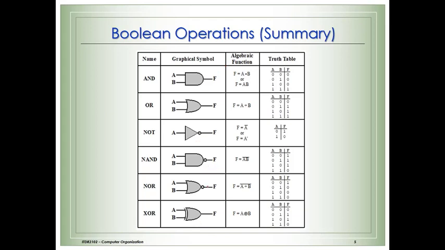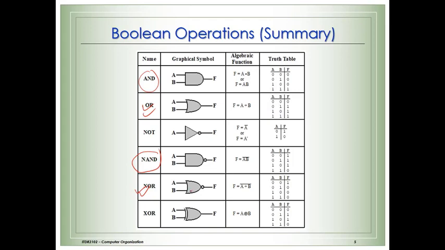Here you see these two symbols have a little bit of similarity, but there is one extra circle which represents the NOT. Similarly this one and this one, this is OR, with one additional circle which represents the NOT.